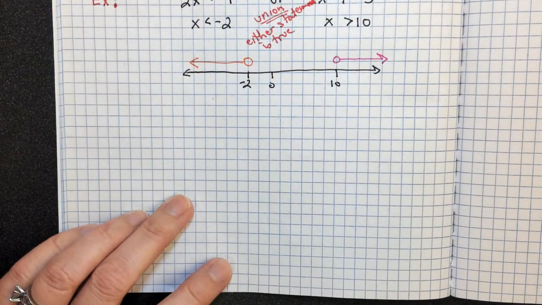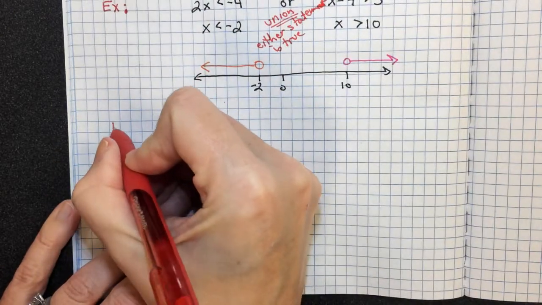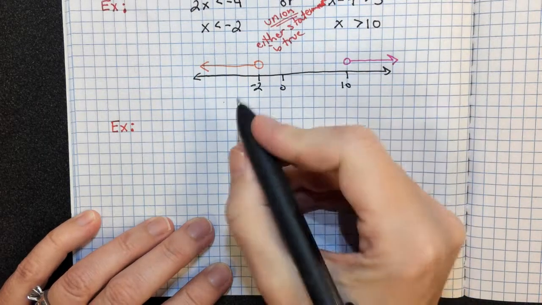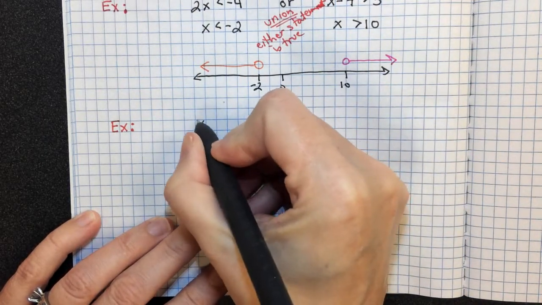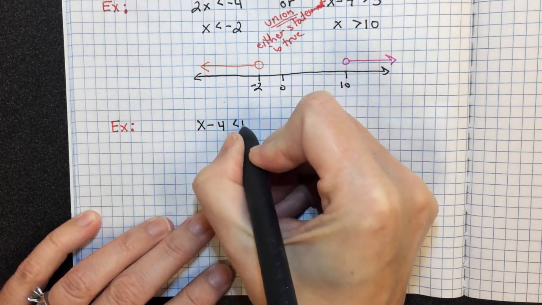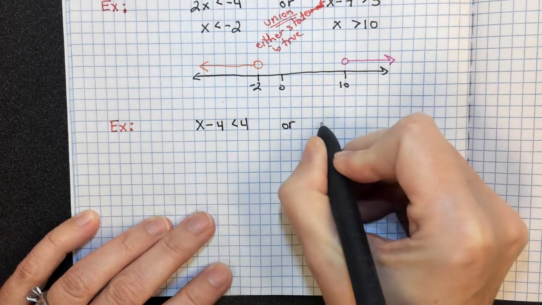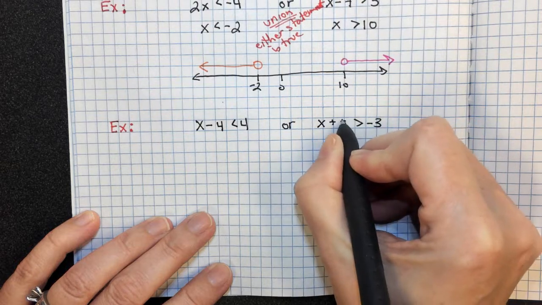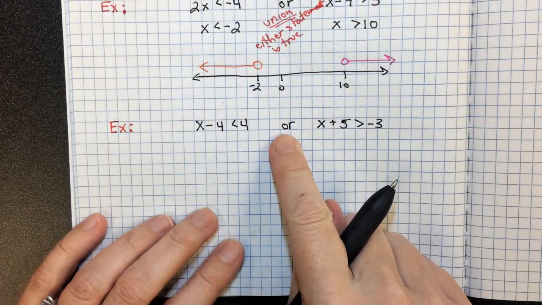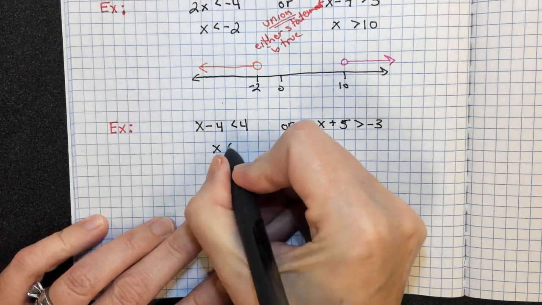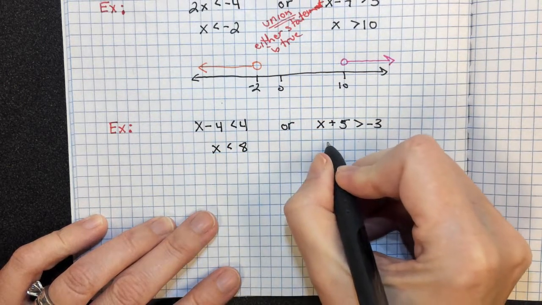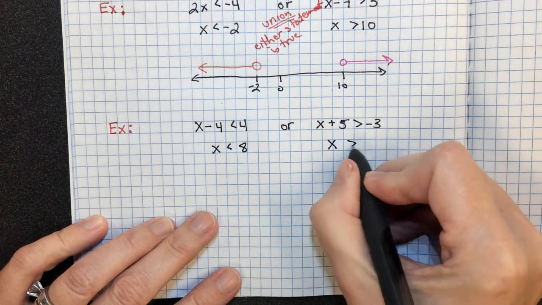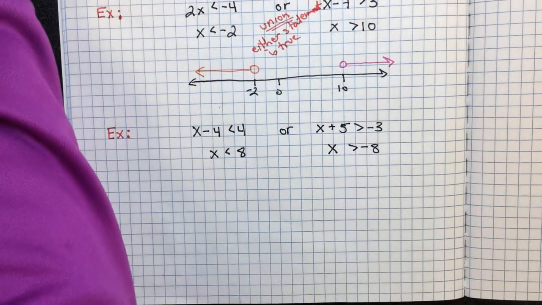Let's go on to our third example. We have a total of 6 as our goal today. So on this one, we have x minus 4 is less than 4, or x plus 5 is greater than negative 3. Remember again that or is union. Okay, so I'm going to have x is less than 8, and x is greater than negative 8 right there.